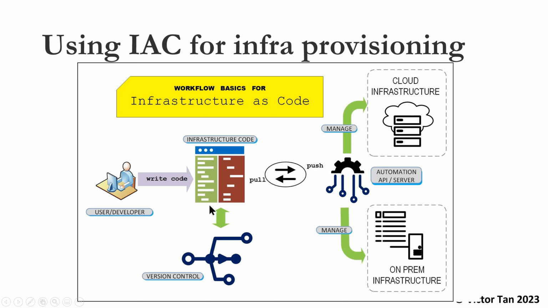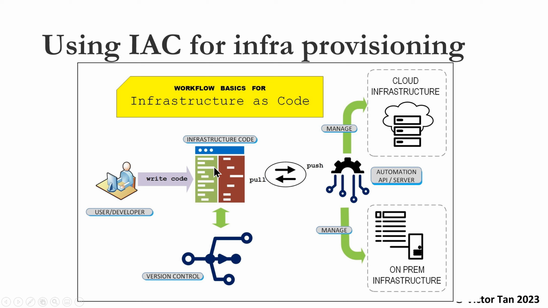You're going to have a file like this, and you commit it to your Git repository for version control, and then push it to an automation server, a CI server like Jenkins. It's going to automatically spin up all the virtual machines, either in the public cloud, so AWS, Azure or GCP, or, say your company has its own private cloud, on-premises infra, you'll spin up all those instances there as well, just from this one single file.